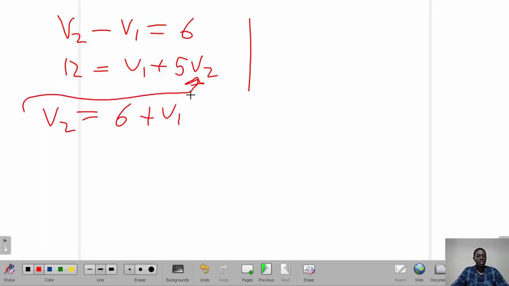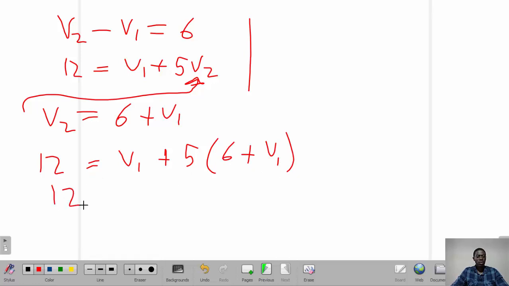in here. So what you have now is 12 equal to V1 plus 5 V2, where V2 is 6 plus V1. When you solve that, you have 12 equal to 30 here, and then 5V1, which gives you 6V1 plus 30, from which you can now find V1.